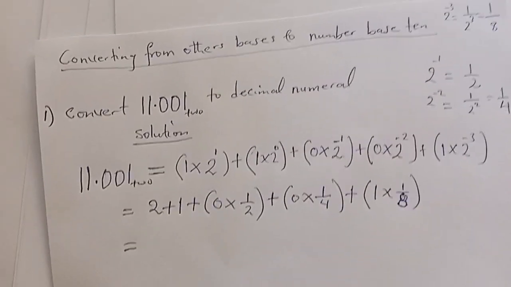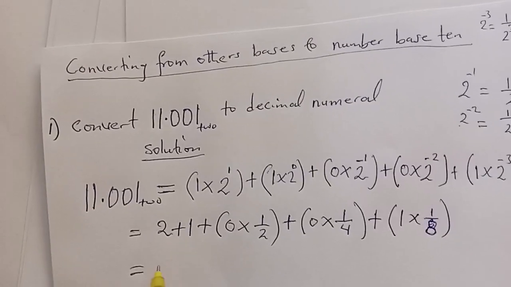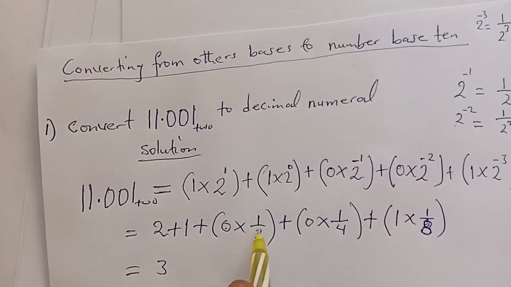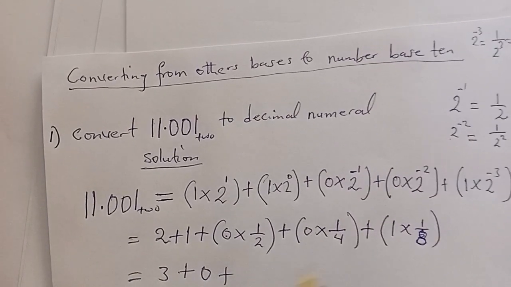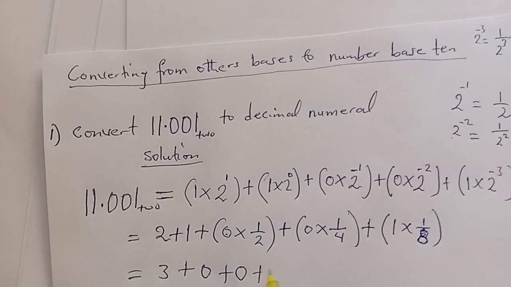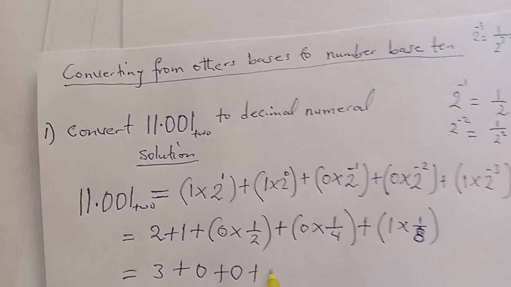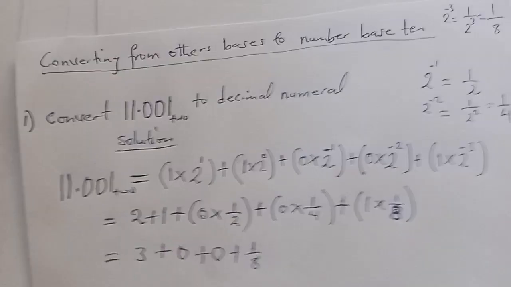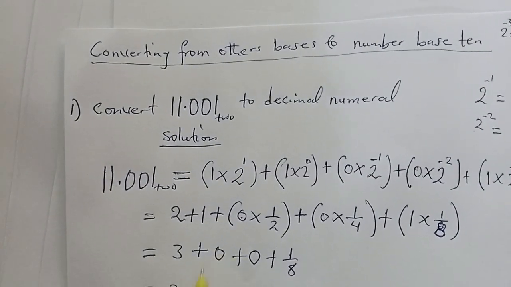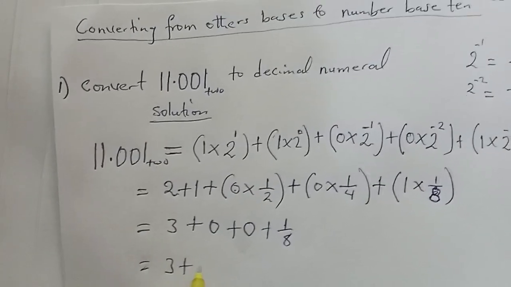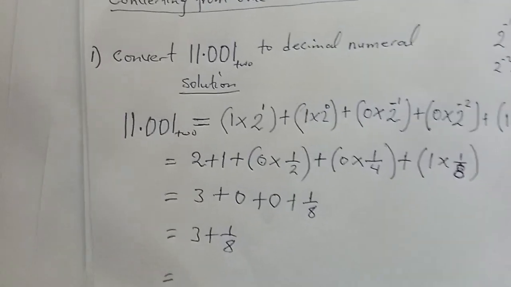This can be further simplified: 2 plus 1 is 3. Now 0 times any number is 0, so 0 times a half is 0, plus 0 times 1 over 4 is 0, plus 1 times 1 over 8 is 1 over 8. So we can go further and say 3 plus 1 over 8, since the zeros take us 0 from there. So we have just a fraction. It's very easy.